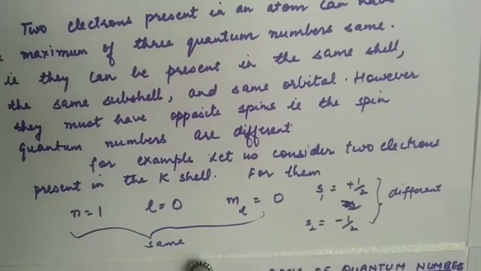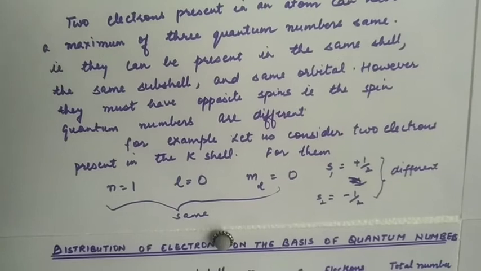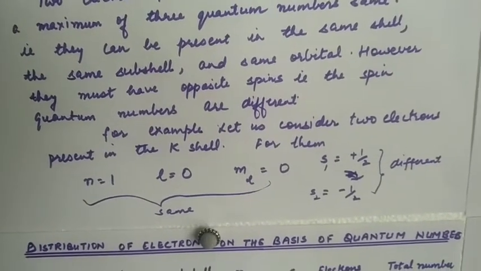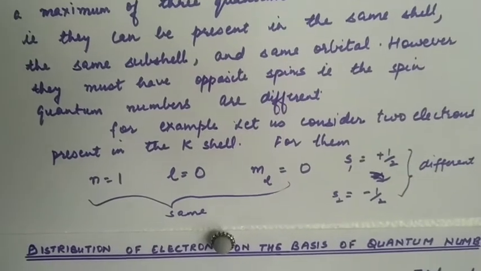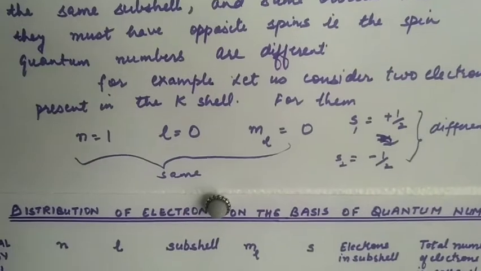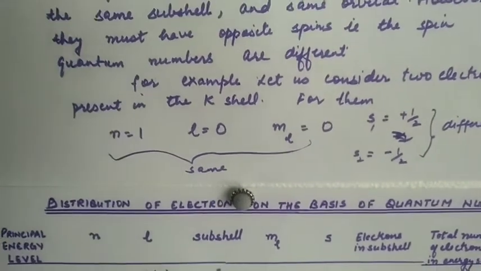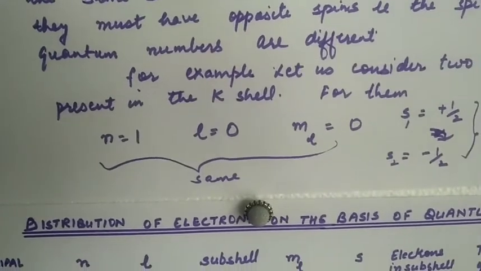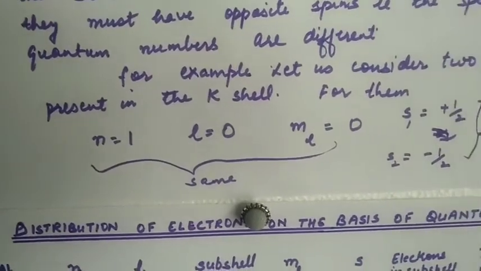For example, let us consider the two electrons present in K shell. That is the first shell. For them, the quantum numbers are n is equal to 1 for the first shell. L will be n minus 1, so 1 minus 1, 0. ML is from plus L to minus L. So L is 0, so ML will be 0.